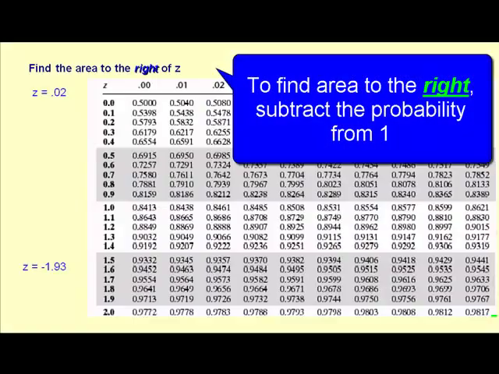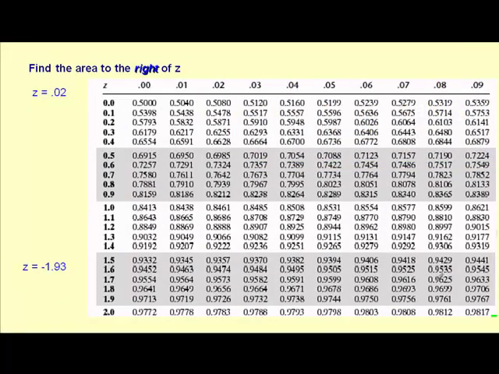So let's consider some more examples. If the z-score is 0.02, you would find the probability at 0.02, 0.5080.